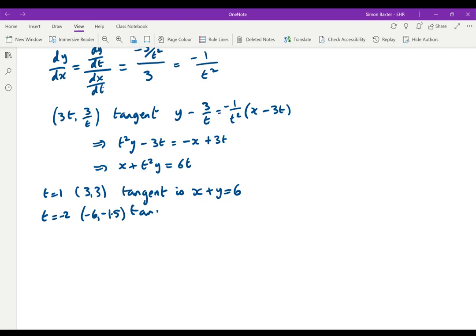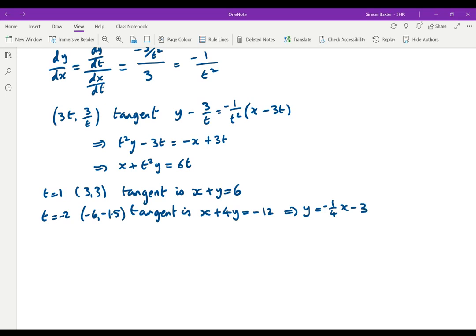My tangent now, putting t equal to minus 2, I'll get x plus minus 2 squared is 4, x plus 4y is equal to 6 times minus 2, that's minus 12. x plus 4y equals minus 12, which I'm going to rewrite as y equals minus a quarter of x, and dividing the 12 by 4, you get minus 3.